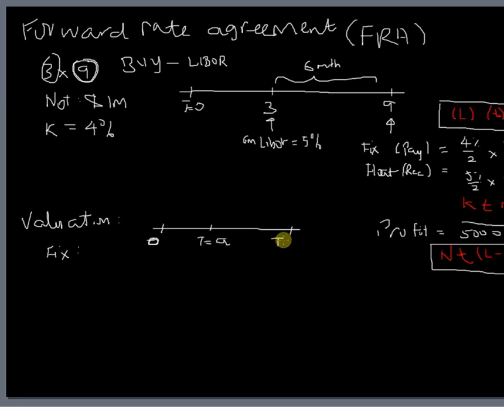So let's say this is time A, time B. The time lapse for LIBOR is B minus A. All these are notation in years. So if A is 3 months, this is 3/12. B is say 9 months, so this is 9/12, and then this is half. B minus A, T is equal to half.